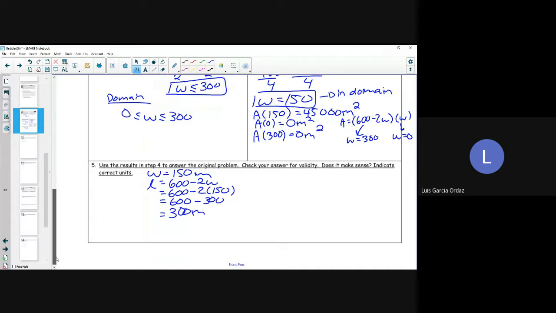Which means, therefore, my dimensions have to be 150 meters by 300 meters to produce a max area.